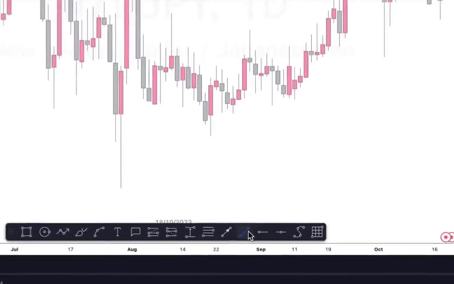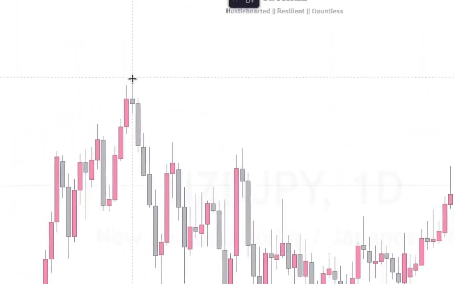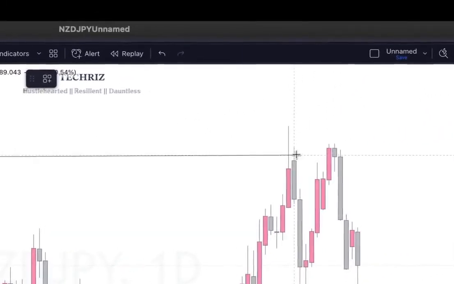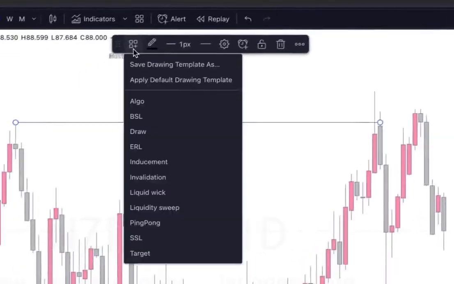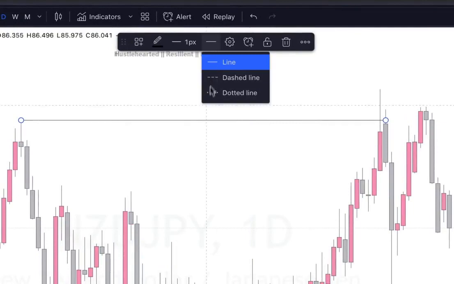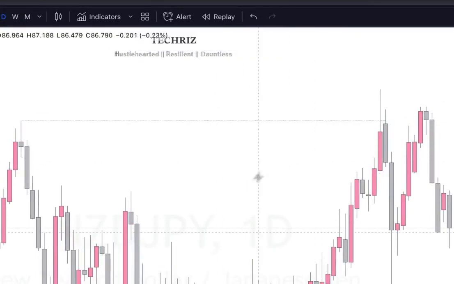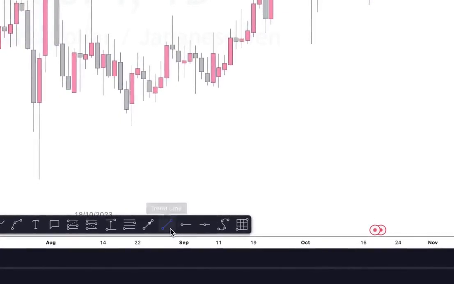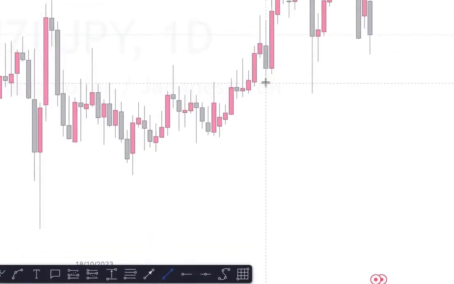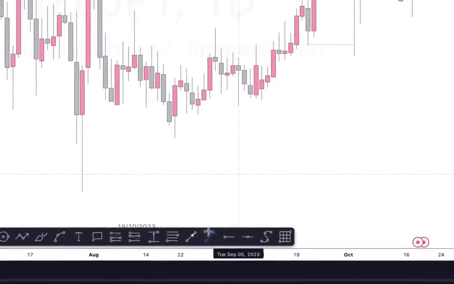Took liquidity off this particular level, so we can mark this out. You can see that it closed with a wick and then receded back, right? Then the market also cleared liquidity from this low, internal range liquidity.